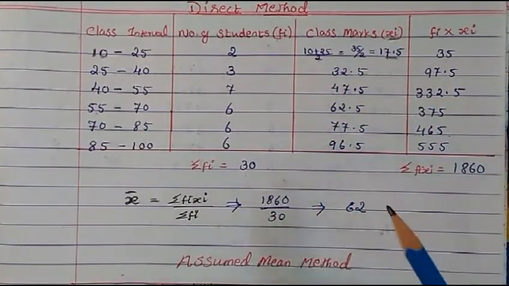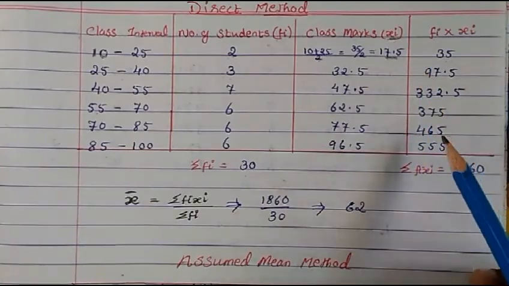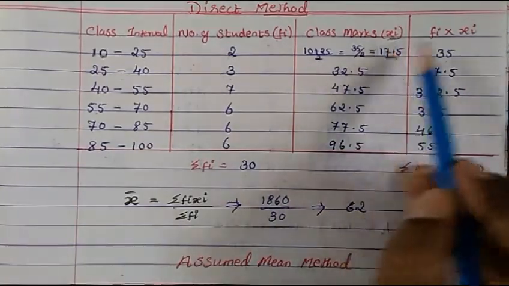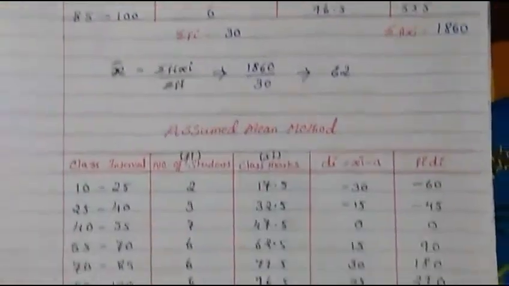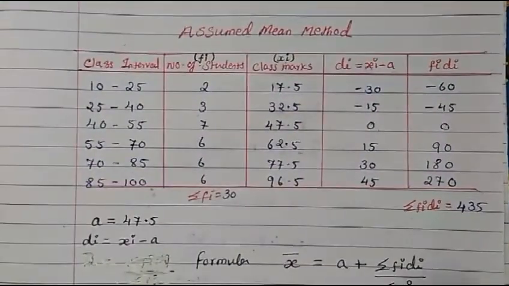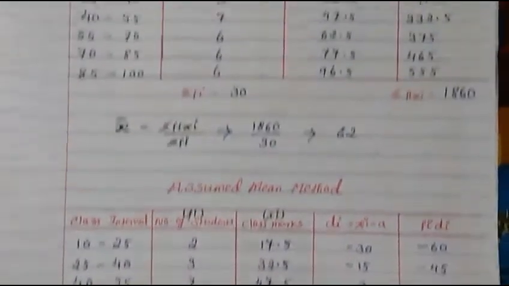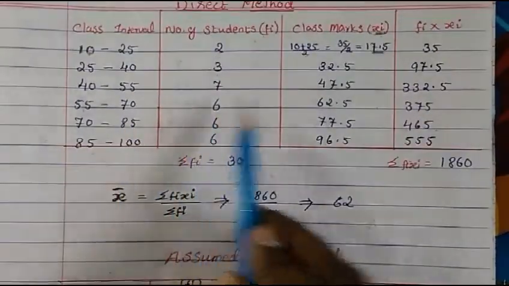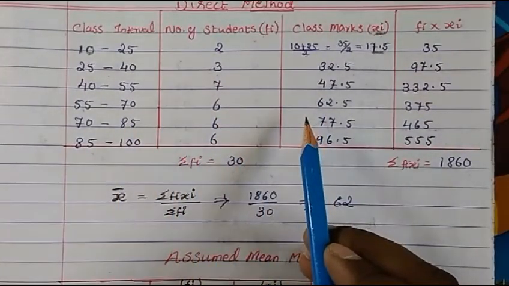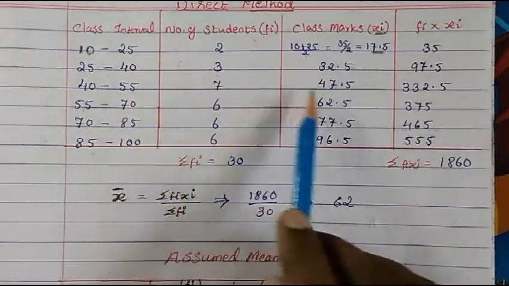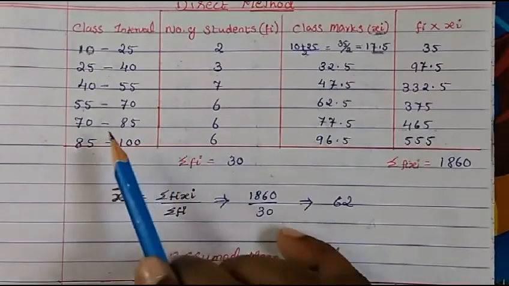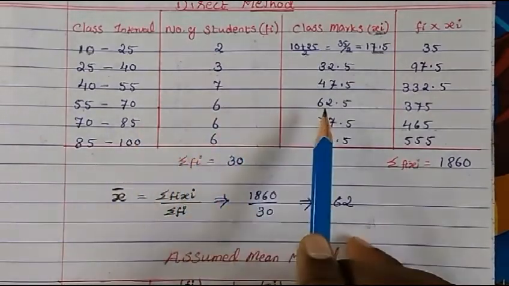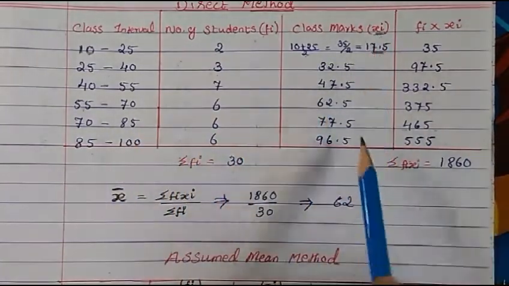But in the assumed mean method, one more column will come after xi. All three columns you have to do for all three methods; up to xi is compulsory.